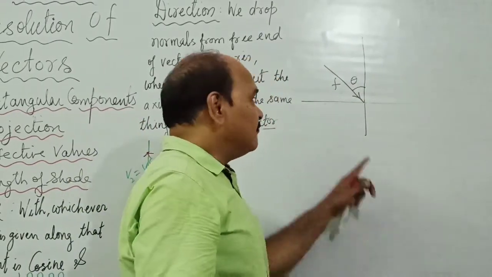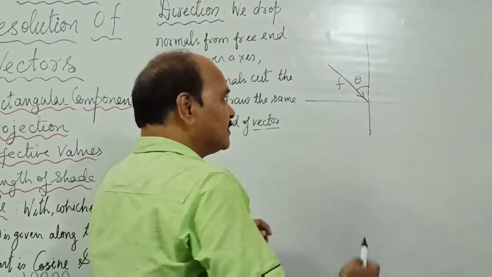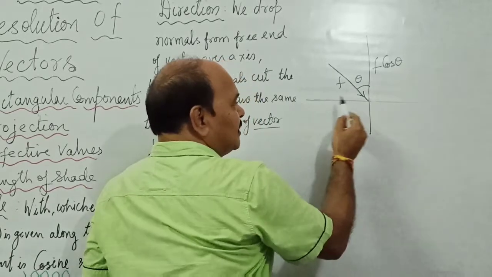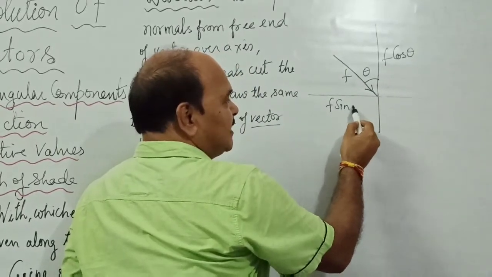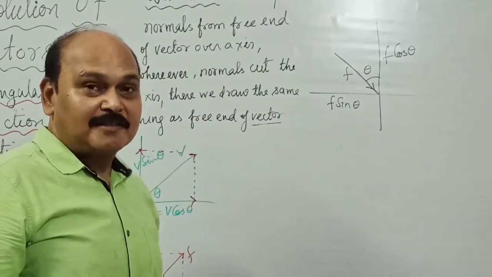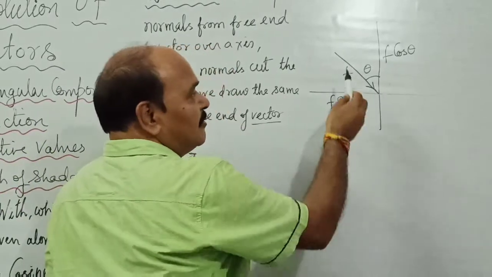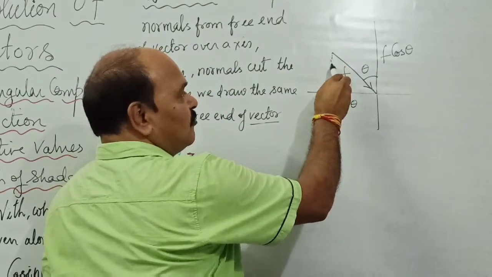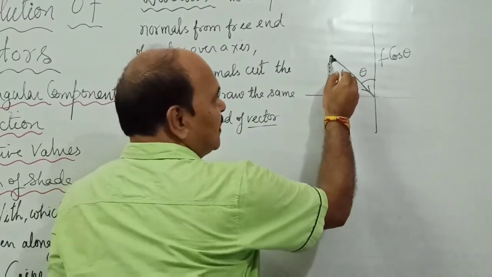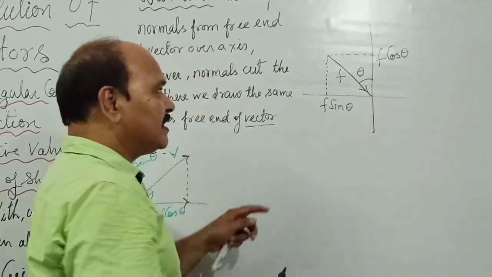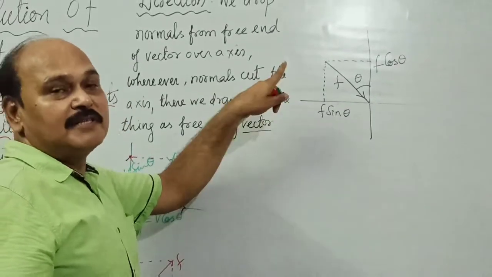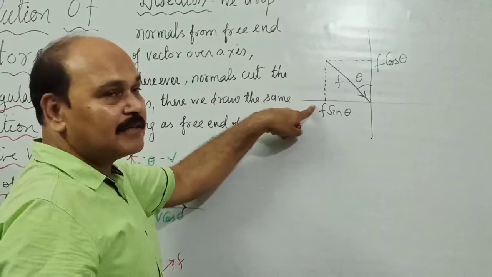Now, with whichever axis angle theta is given, along that axis the component is what? Cosine component. And along the other axis the component is what? Sine component. See, we have found out the magnitude of the components. Now for direction, we drop a normal from the free end of the vector over the axis. This is the free end of the vector. From here we drop a normal over the axis. Wherever this normal cuts the axis, there we draw the same thing as is the free end of the vector.